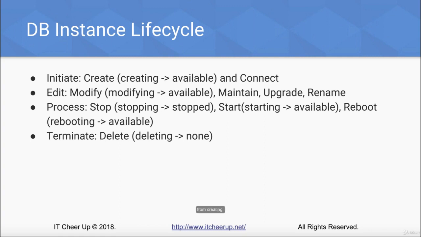Here is the summary of the DB instance life cycle, from creating a DB instance to deleting a DB instance. If you are ready, let's move to the next lecture.